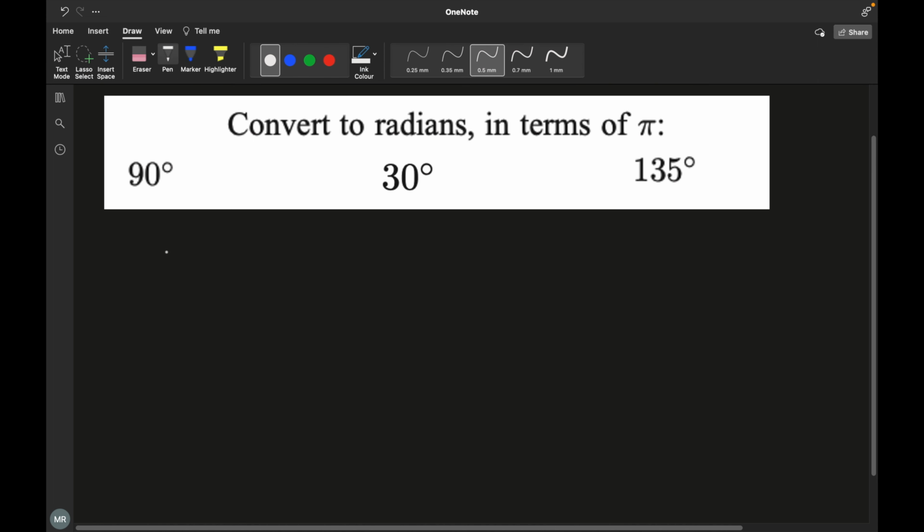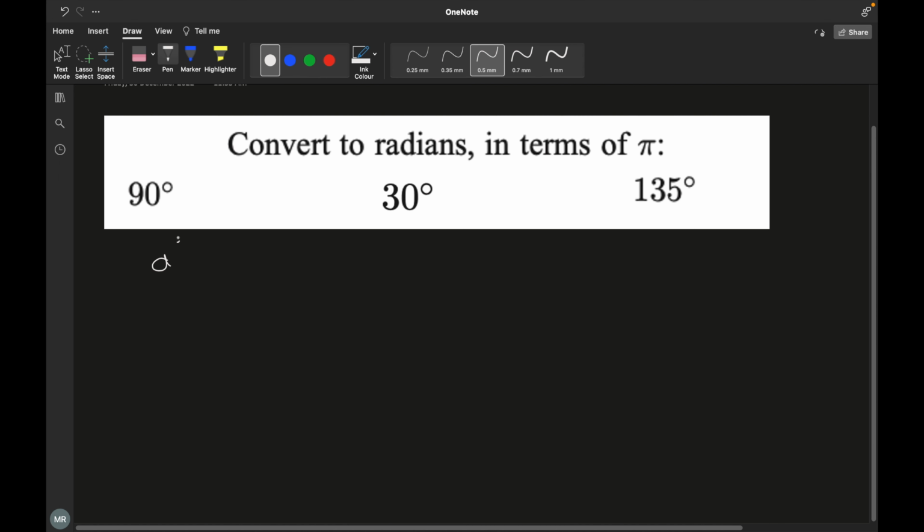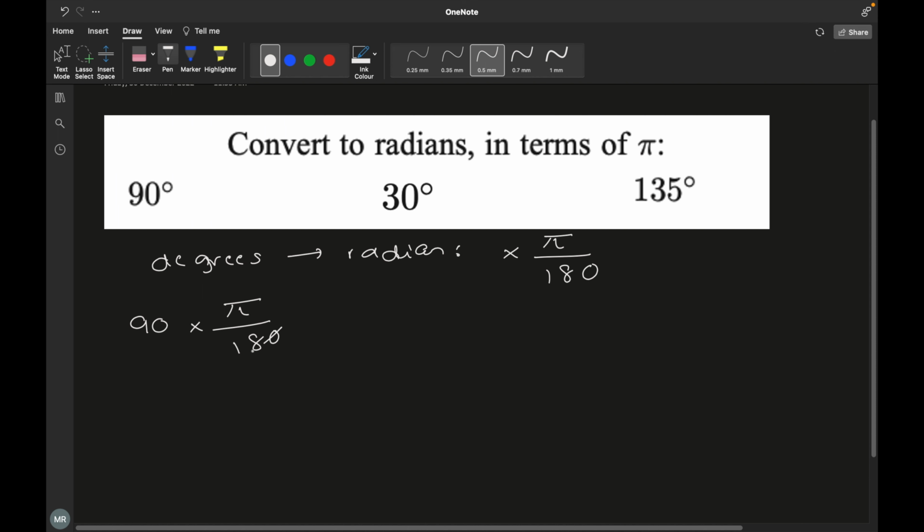So yeah. If we want to convert from degrees to radians, we have to multiply by pi and divide by 180. So let's do the first one. 90 into pi divided by 180.